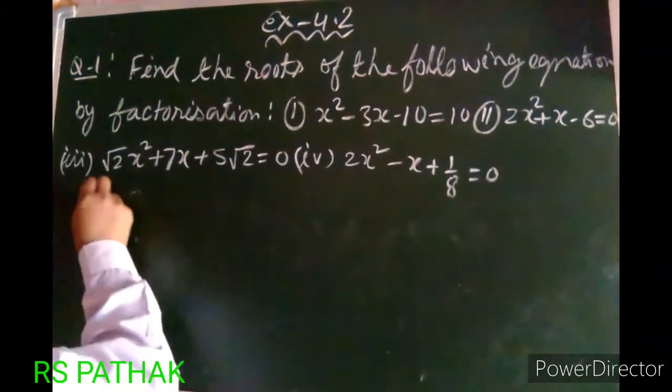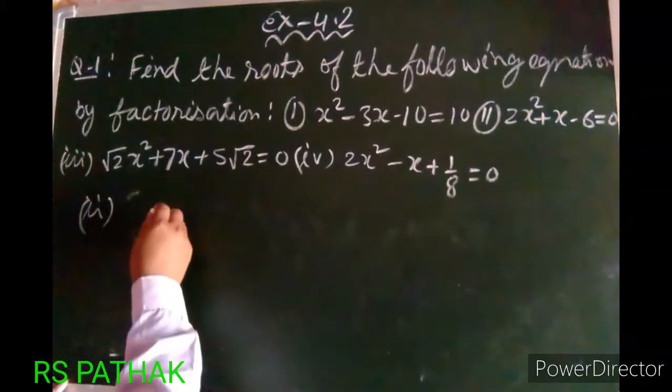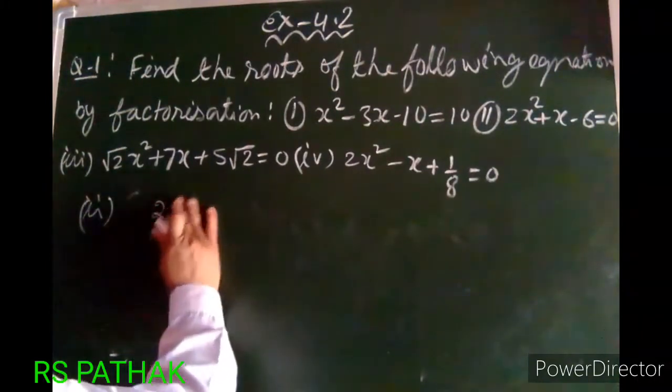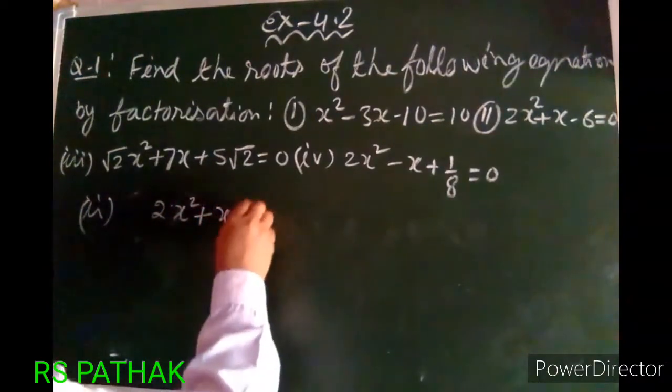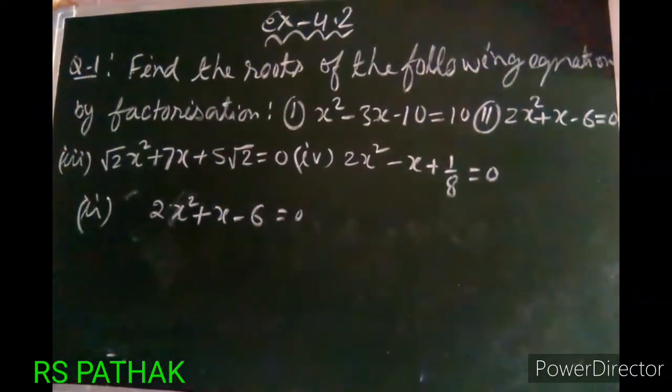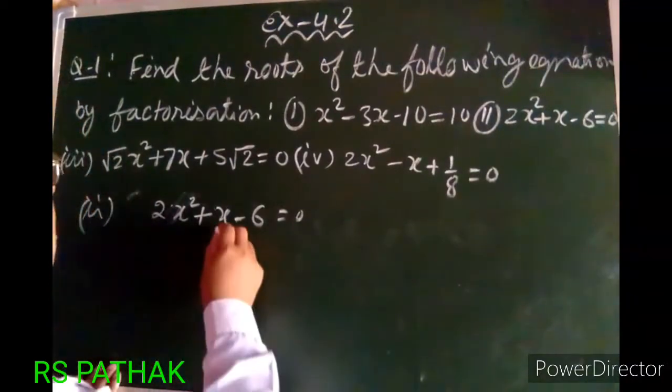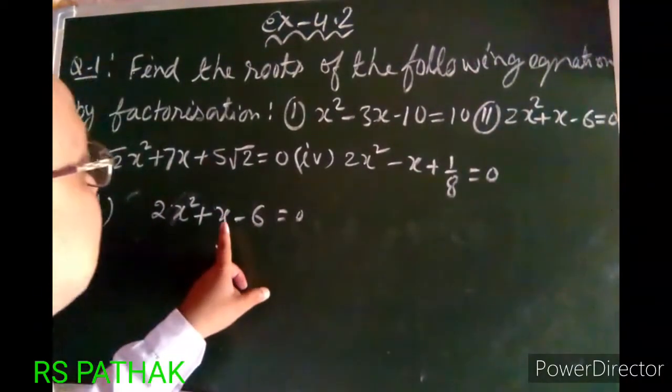Question number 2 is 2x square plus x minus 6 equals 0. Here the coefficient of x is 1.